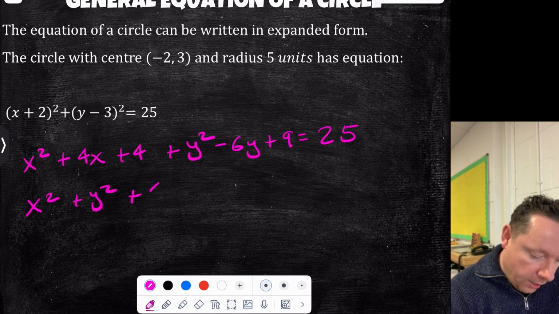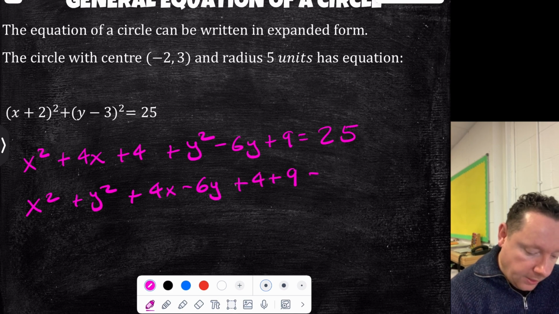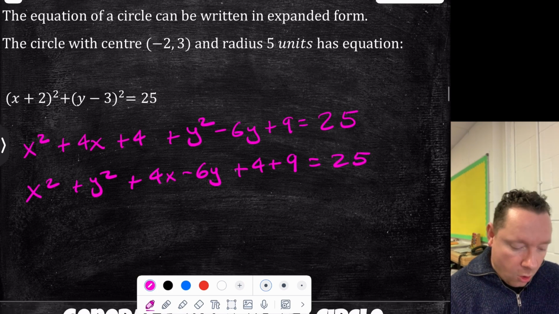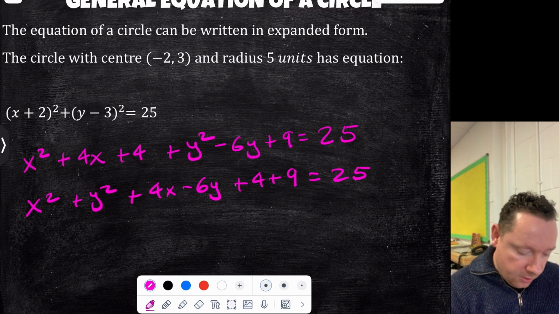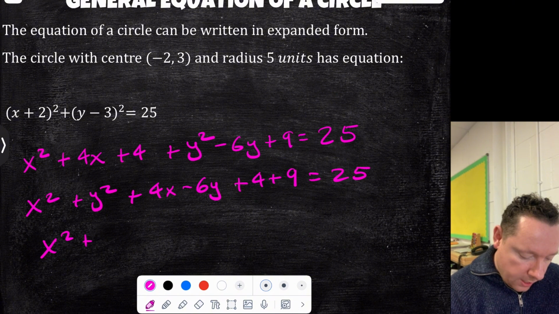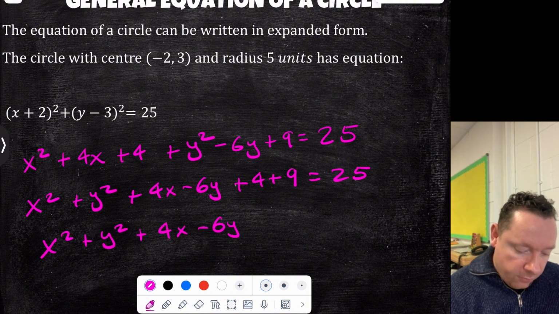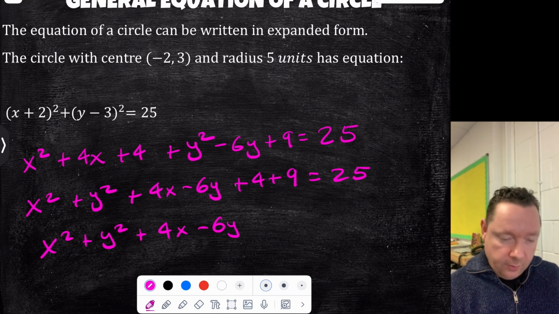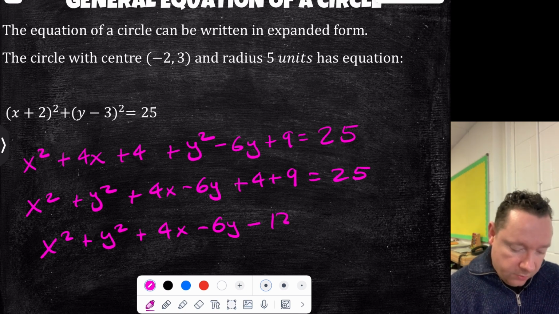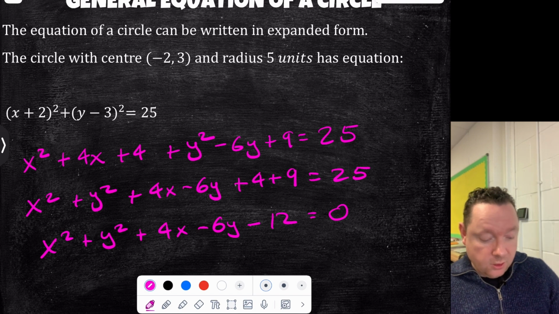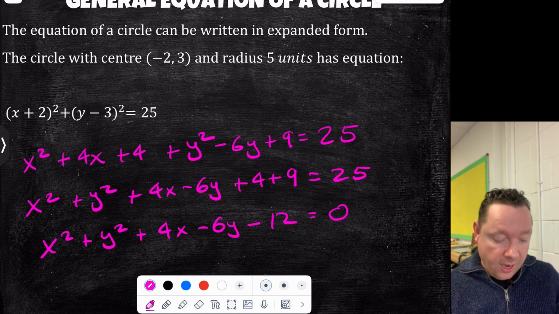Then I've got 4x − 6y, and then I've got 4 and 9, and that makes 25. Now always we just make the right hand side 0, so you've got x² + y² + 4x − 6y. 4 plus 9 is 13. If I take away 25, I get −12 equals 0. So the general equation of a circle for this particular one would be that equation.